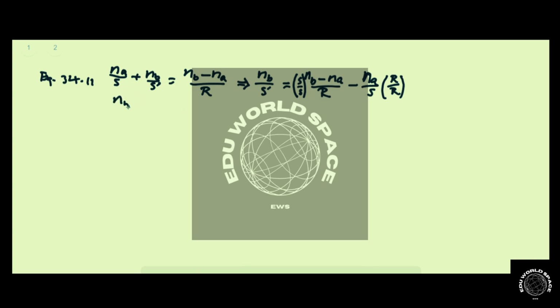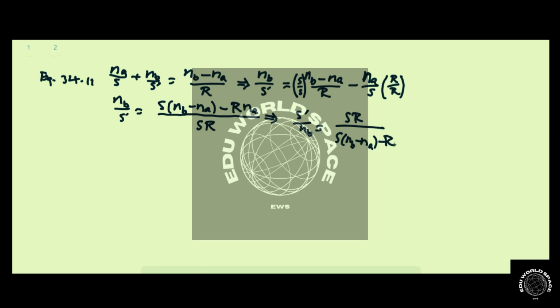So then I have Nb over S prime is equal to S times Nb minus Na minus R times Na over S times R. And let's just take the reciprocal of these things. So I have S prime over Nb is equal to SR over S times Nb minus Na minus R Na.